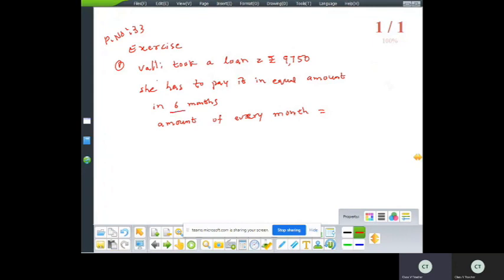Means 9,750 divided by 6. Here our divisor is 6.